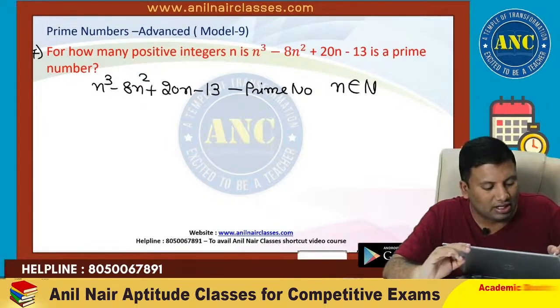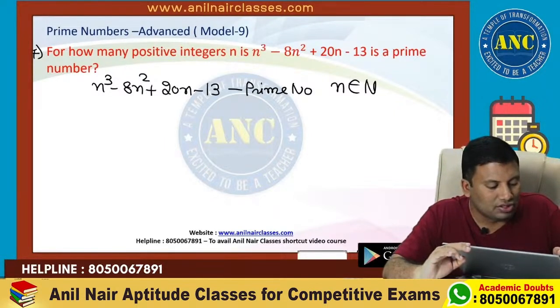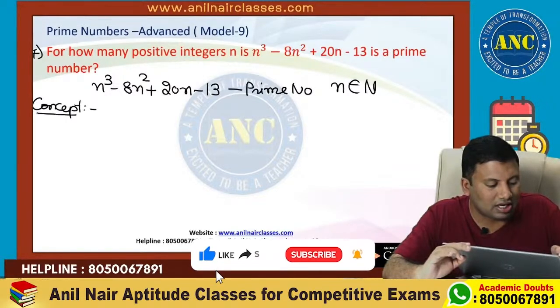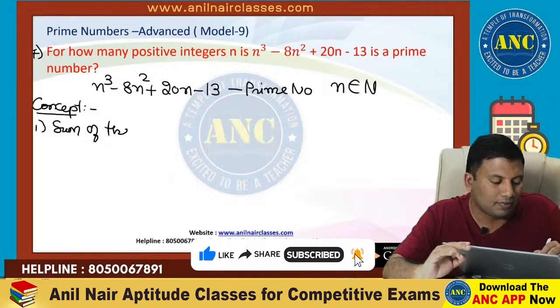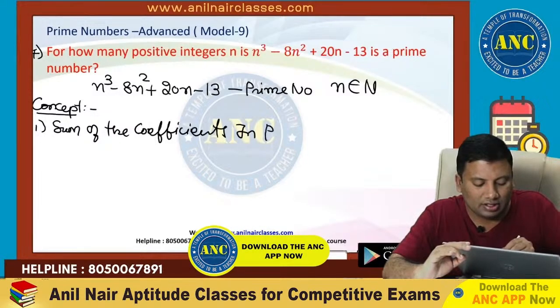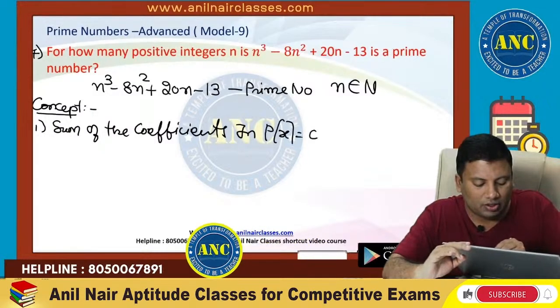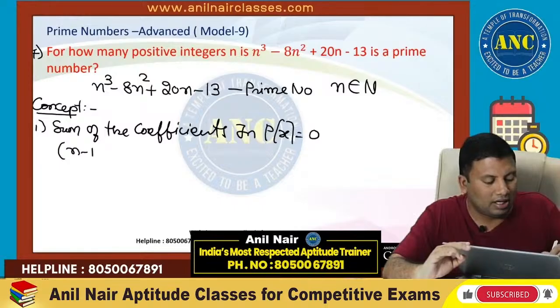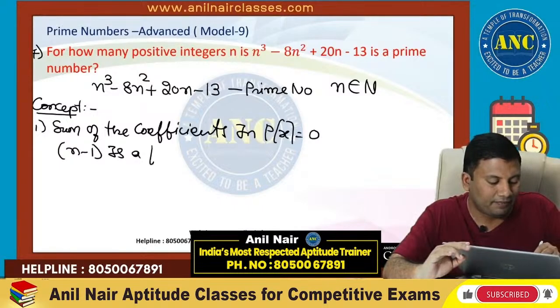Now first write down the concept. If the sum of the coefficients in p of x is equivalent to 0, then n minus 1 is a factor.